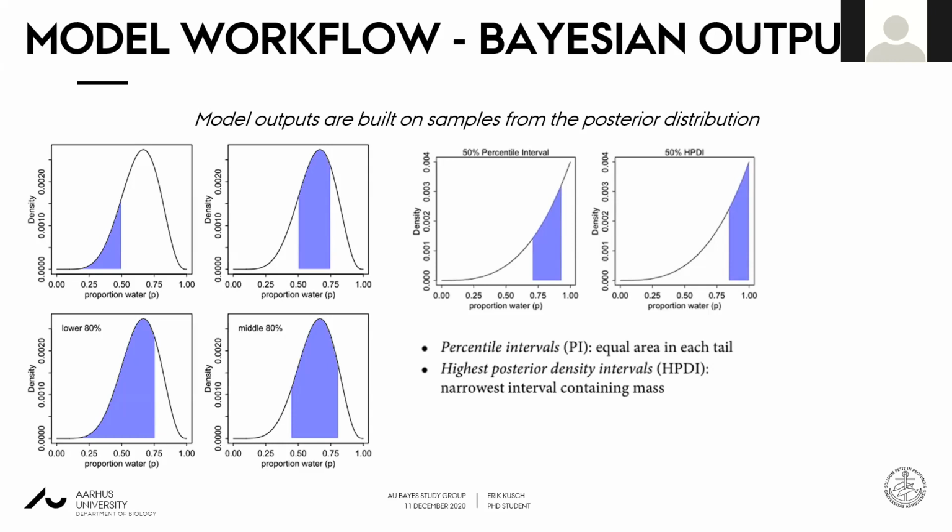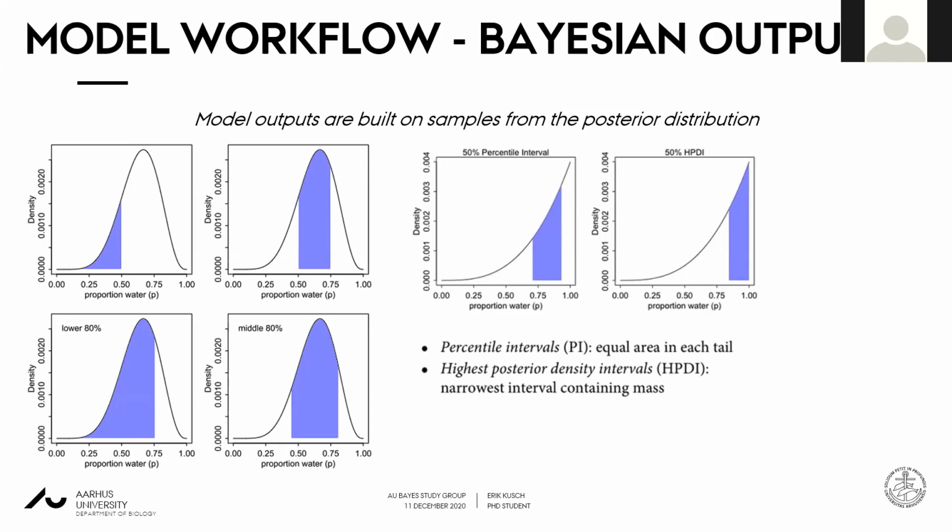But once we go Bayes, we can even move beyond the confidence interval, because the way Bayes handles probability is much more intuitive and in line with what we would expect a confidence interval to do, which it doesn't. So what we can do to summarize these posterior samples is to look at percentile intervals, for example, where an equal area falls in each tail, and the weight or area covered by the percentile interval is what we specify.